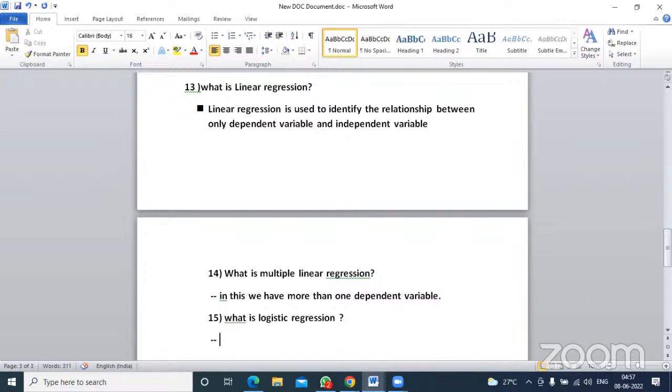As we know, in linear regression the dependent variable is continuous. What is the case in logistic regression then?